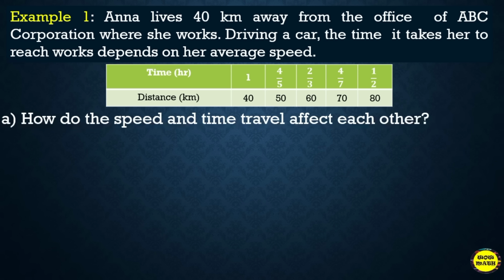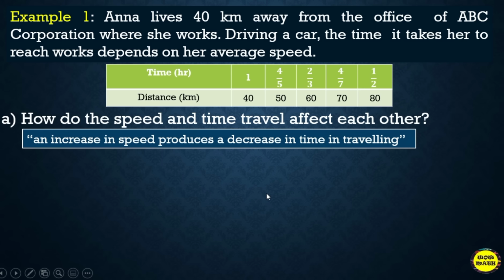First, how do the speed and time of travel affect each other? Based on the table of values, the speed is increasing, and then the time is decreasing, going down. So we can say that an increase in speed produces a decrease in time in traveling.